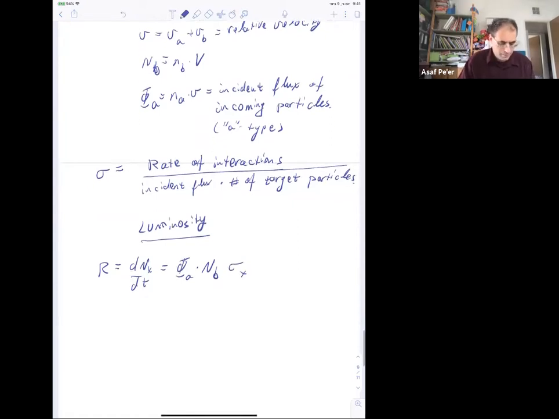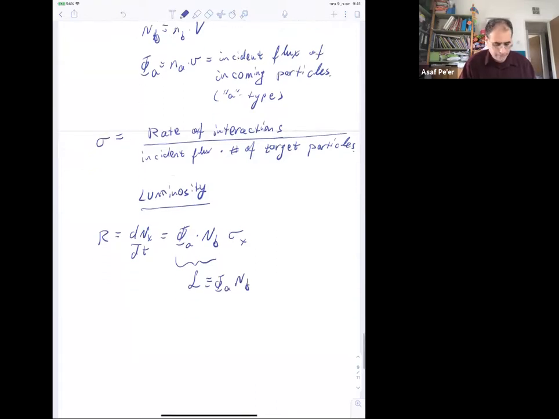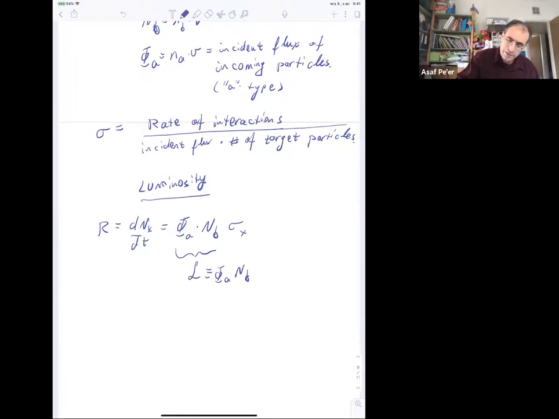So phi A times N_B is the luminosity. This is the definition of the luminosity.